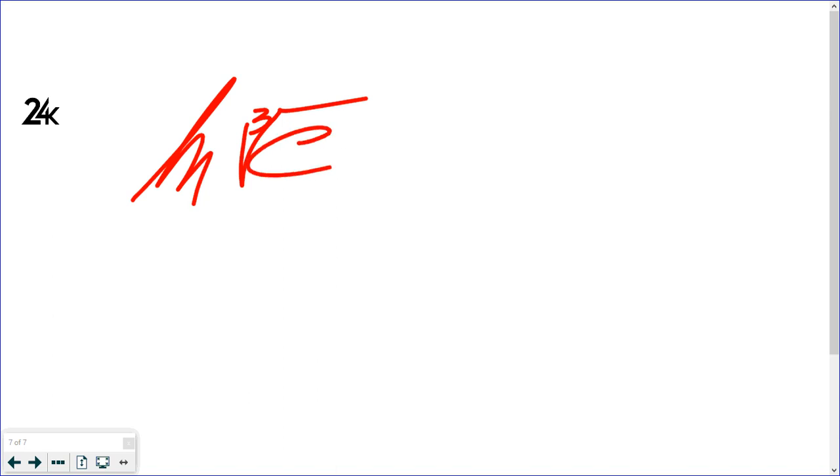Next, let's try another one. Natural log of the cube root of e. Can you do that one in your head? I'm already done, I know. But let's do it the long drawn out way.